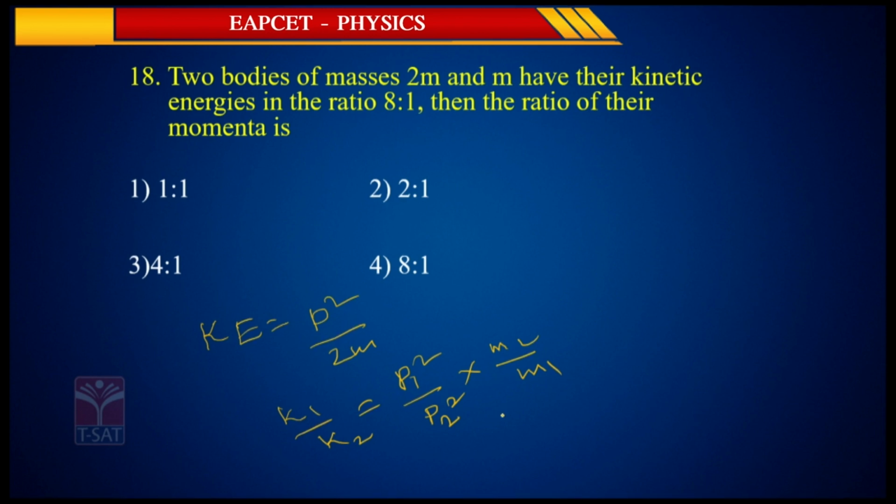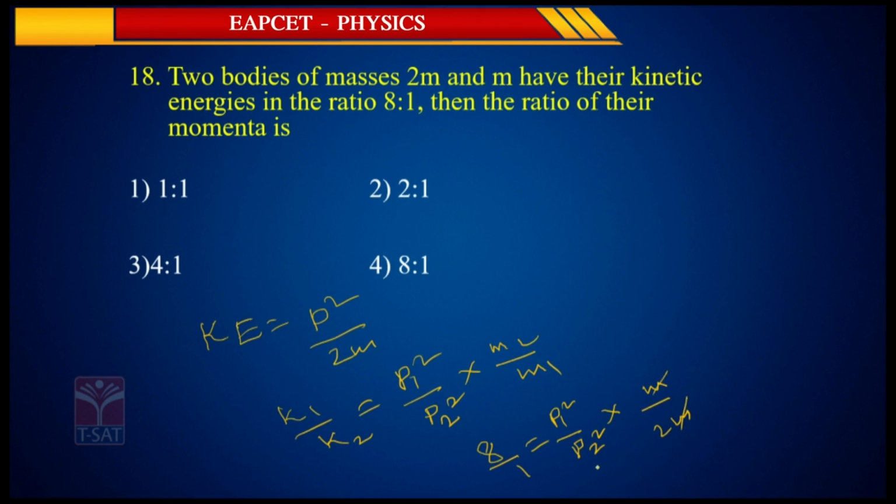Okay, the ratio of their momentum. Masses are given, we want to find this, and the kinetic energy ratio is given. k1 by k2 is how much? 8 by 1 children. 8 by 1 is equal to p1 square by p2 square into m1 by m2. m1 is 2m and m2 is m.